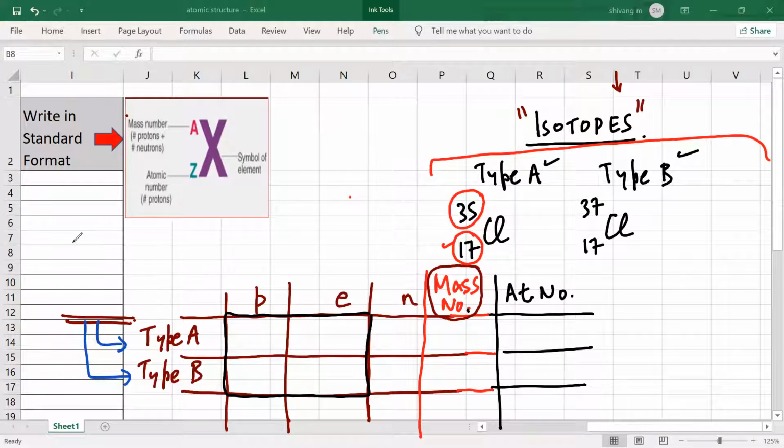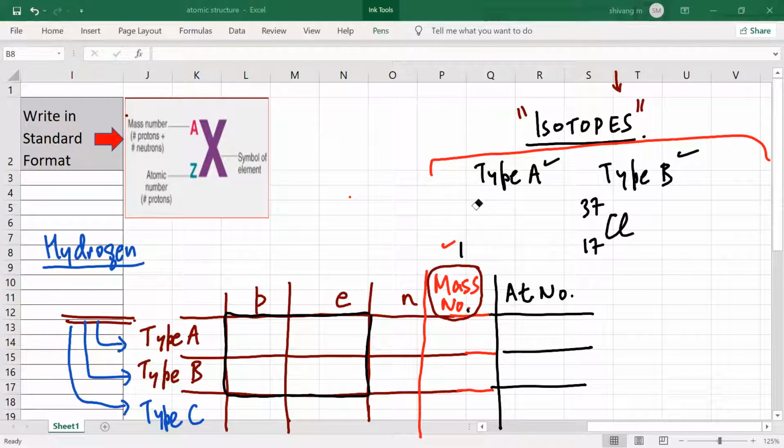Okay, now let us take another very famous example, hydrogen. Hydrogen has 3 isotopes. Are we clear, sir? Yes sir.